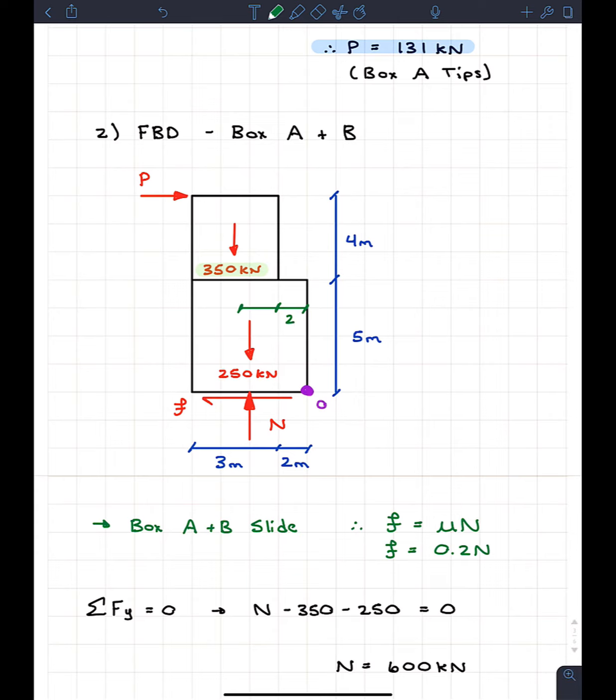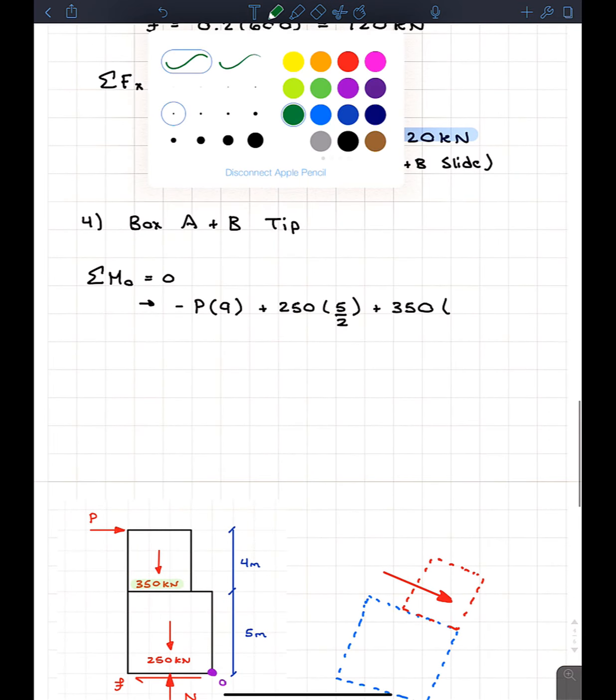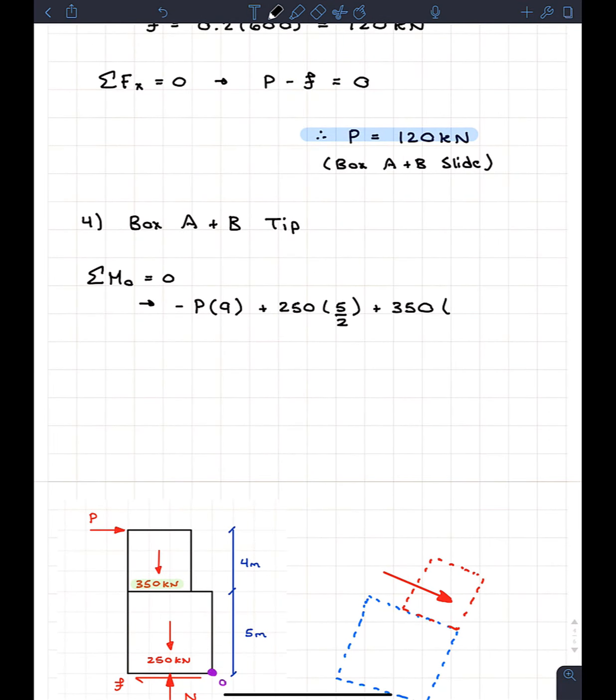And then the distance from the edge of box A to the center is going to be 1.5 meters. So the total distance we're going to have here is 3.5. So we're going to write 3.5 here, and this is all equal to 0. So when we solve this one, because P is our only unknown, we get P is equal to 206 kilonewtons.